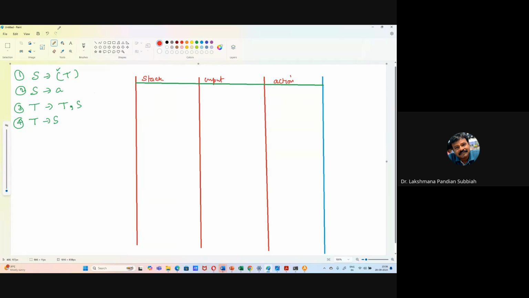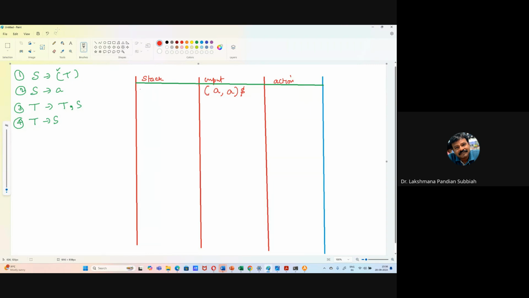Now we have the input string. I will use the same string: open bracket, a comma a, and then the close bracket. In that input string, you have to use a dollar as the end character. The dollar is the end character.